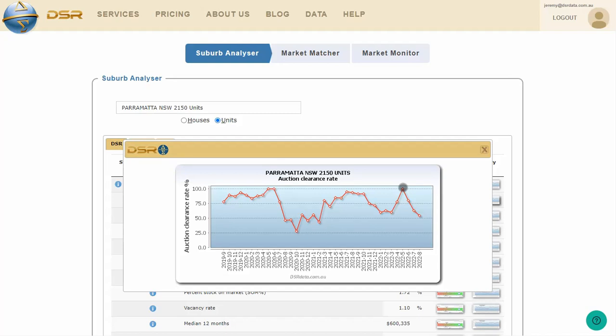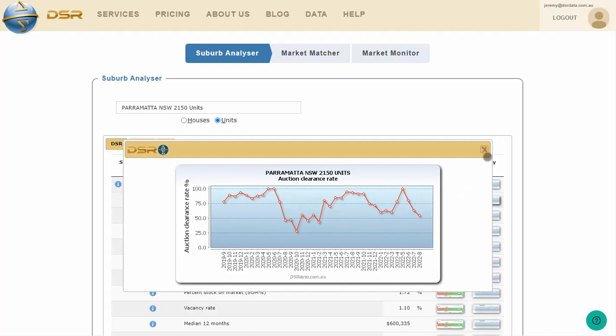With the chart, we can see that for the last year, the auction clearance rate has moved above and below 75%. 75% seems like a decent estimate of the true nature of supply and demand for units in Parramatta. But not all properties are sold by auction. So again, this is not a precise read on the nature of supply and demand for all units in Parramatta. Anyway, without the chart, we would be misled, especially in May and August.